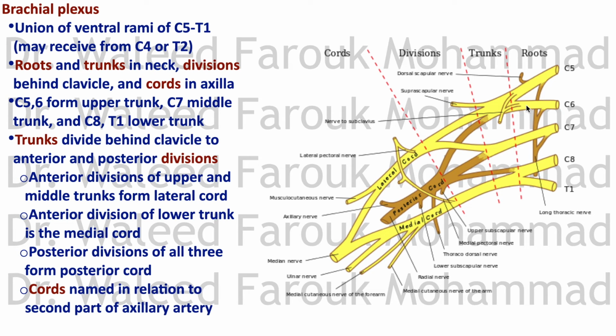The anterior divisions of the upper and middle trunks form the lateral cord. The anterior division of the lower trunk forms the medial cord, and the posterior divisions of all trunks form the posterior cord. You should know this organization of the brachial plexus. And of course the cords are named after their relation to the second part of the axillary artery.